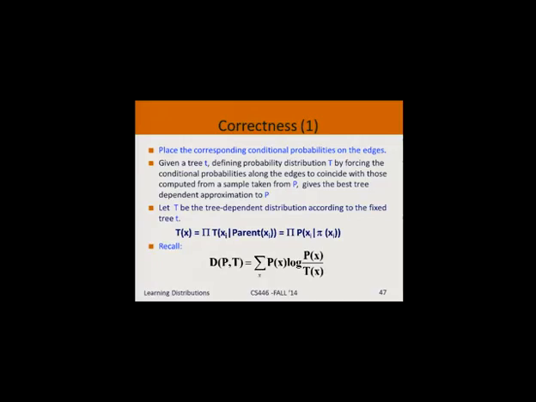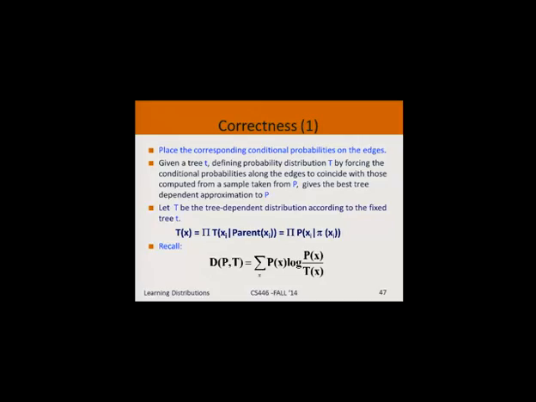So here is the problem. I'm given a tree. It defines the probability distribution T, and the way I'm doing this is I'm forcing the conditional probabilities along the edges of T to be those statistics taken from P, the data that I got. So let's just justify it. Let T be the tree-dependent distribution.